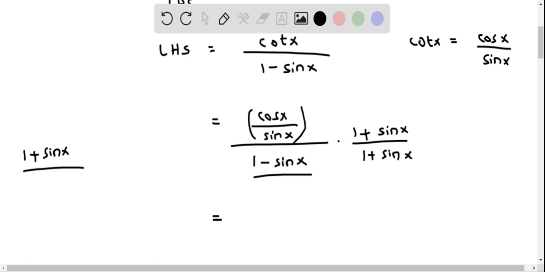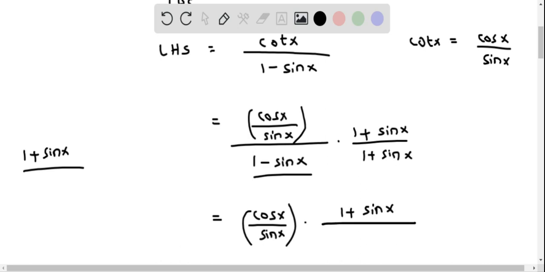And so we can rewrite this expression as cosine x over sine x, then this gets multiplied with 1 plus sine x, and we have 1 minus sine x times 1 plus sine x in the denominator.